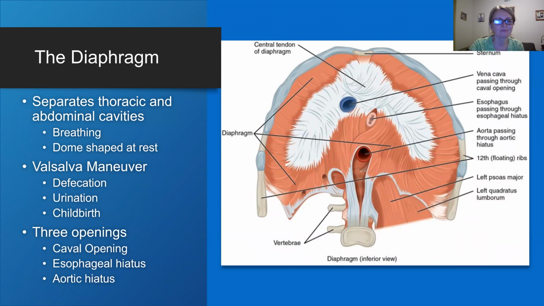The Valsalva maneuver is when you get the air in and you try to push the air out without opening your mouth, right? It's like when you go number 2, during defecation or urination, or when you push this baby out. That's a Valsalva maneuver.